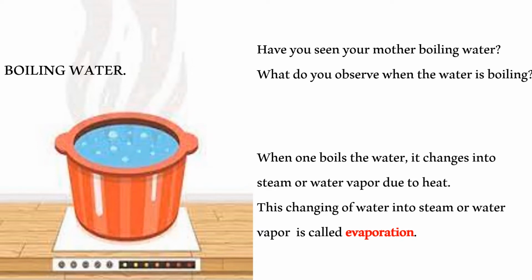It is changing into steam or water vapor only because of the heat. This changing of water into steam or water vapor is called evaporation. So when we boil the water, the steam or the water vapor coming out from the water is called evaporation. Please remember this.